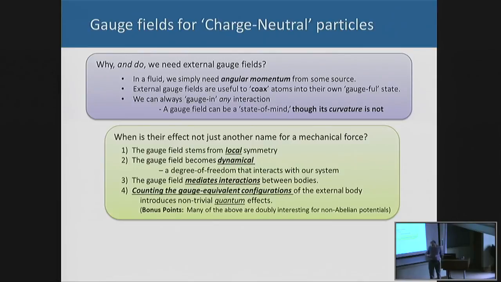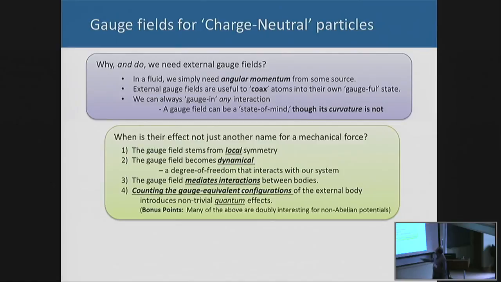Now, there is a non-trivial aspect of that, which is when their effect is not just another name for some type of mechanical force. And so there are a lot of cases here that we want to think about. One is that the gauge field stems from some kind of local symmetry in the system. Also, we want to think about what happens when the gauge field that we apply or create for the atoms becomes dynamical, which is to say that the gauge field itself is some kind of degree of freedom that interacts with the system.